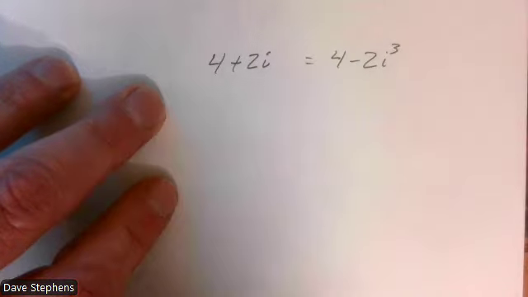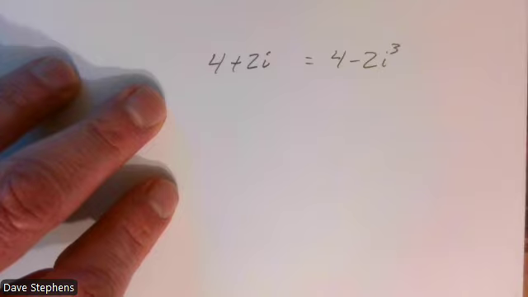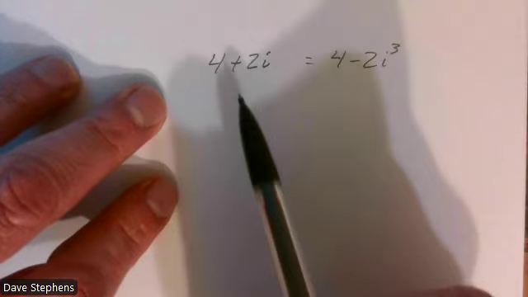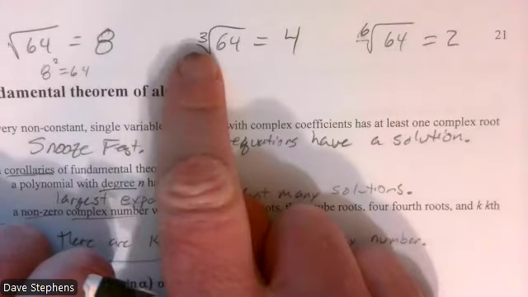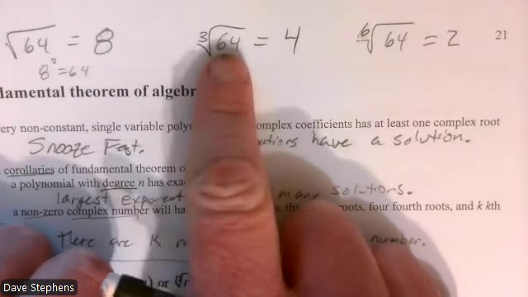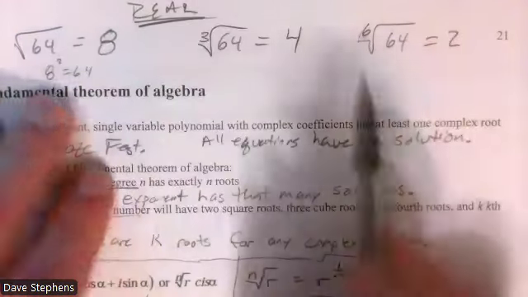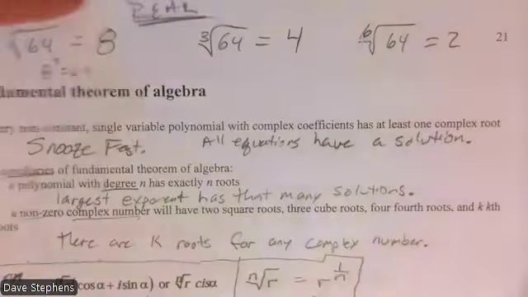Right? So these two numbers are the exact same thing. And so when we look at a square root or a cube root, there's going to be more than just one value. There's going to be 3 values for that complex number. These are real numbers, just examples of roots that you would know.